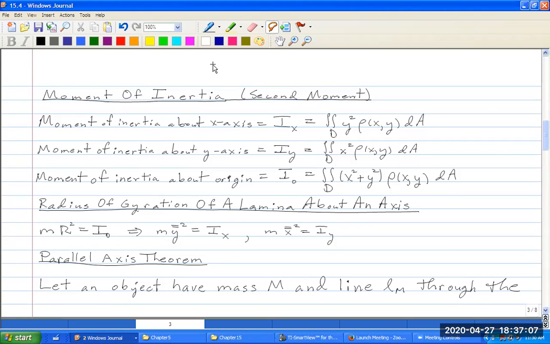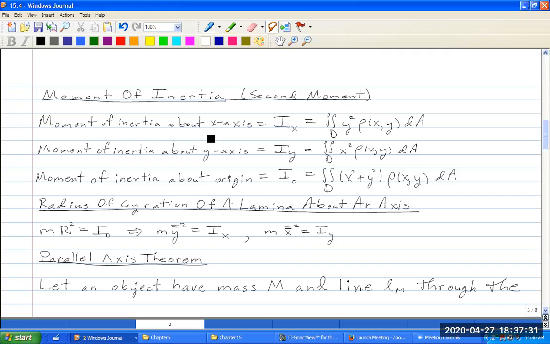The moment of inertia. The moment of inertia about the x-axis, I sub x, for the lamina D having density rho, is the double integral over D of y squared rho.